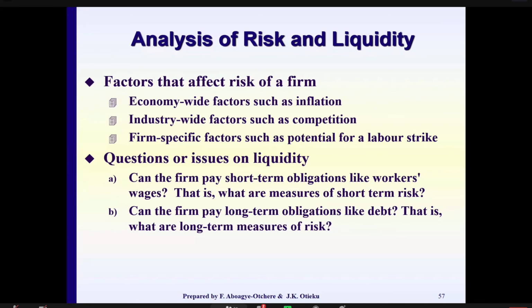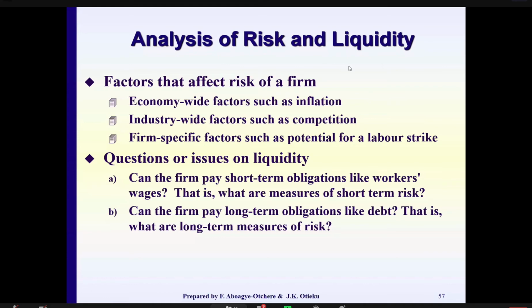Okay, so we have industrial factors. Here the factors are specific to an industry. So if you operate within that industry, then you may be affected. Then we have firm-specific factors.